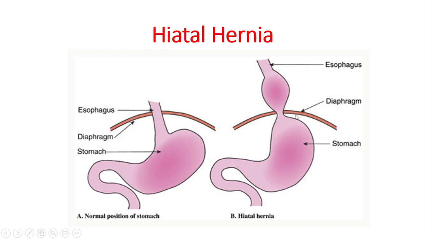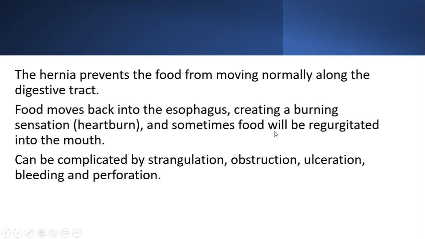This type of muscular or anatomical defect can be associated with many symptoms, including regurgitation, heartburn, and aspiration pneumonia, and can be corrected surgically. The food can move back to the esophagus, creating a burning sensation, heartburn, and sometimes regurgitation of food into the mouth.